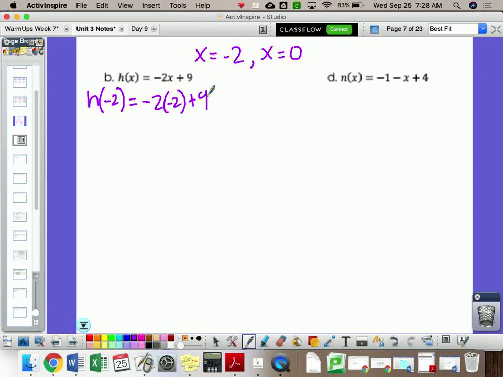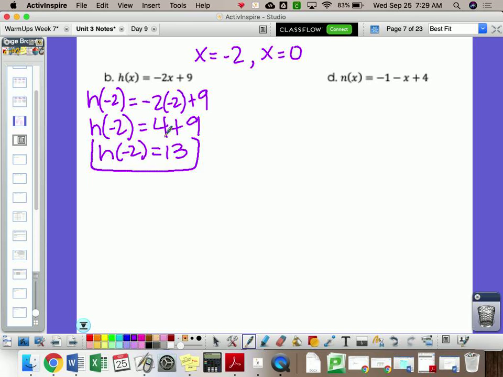So when I solve this, I first see that I have -2 times -2. So that would give me +4. And I see I have now +4 plus 9, which would give me 13. So in the function of h, when x was -2, my function equals +13.